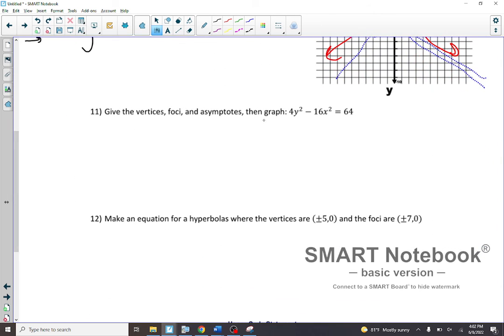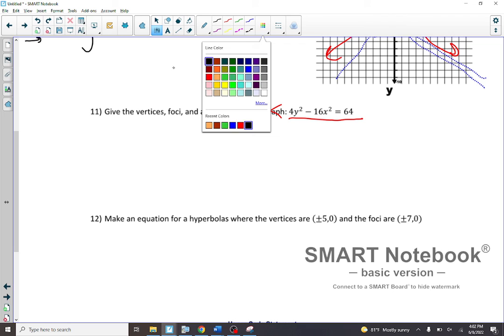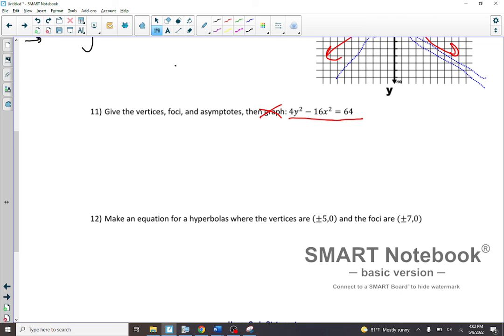Give the vertices, foci, and then graph this one. You don't need to graph this one, but for this one, we're going to figure out how to do it. In this case, it doesn't equal 1. So that means I have to divide everything by 64. So y squared over 16 minus x squared over 4 equals 1.